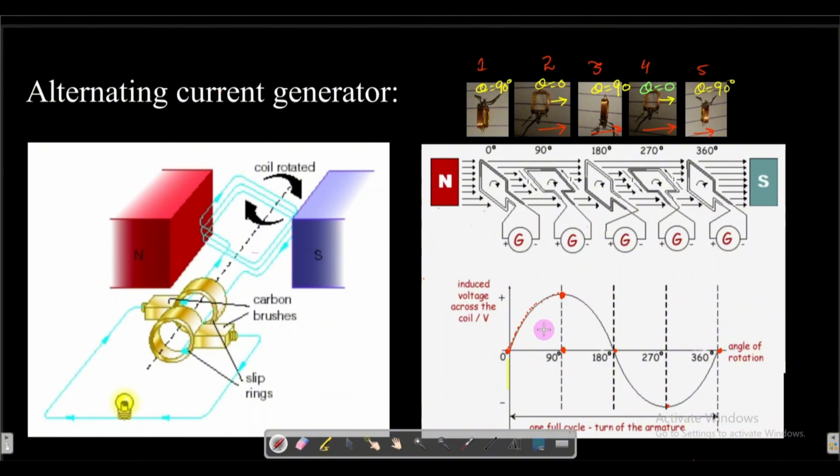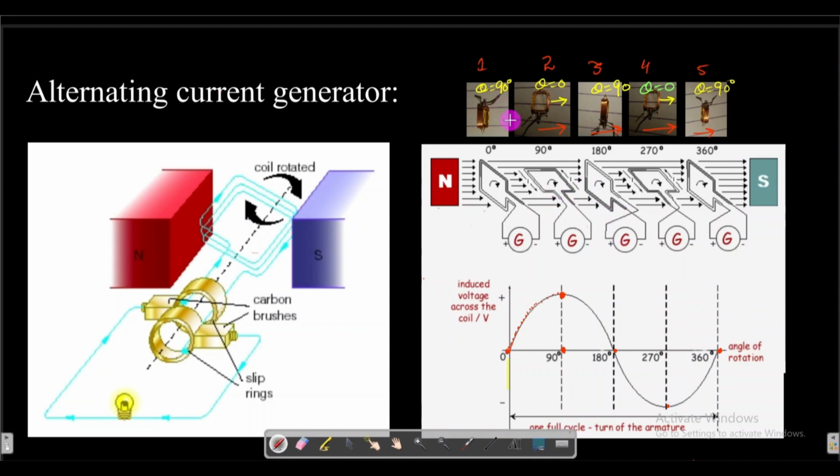So the positive half of this cycle represents this side of the coil, and the negative half of this cycle represents this side of the coil. Therefore here the EMF or the current is in the opposite direction. So here the EMF is positive and here the EMF is negative.